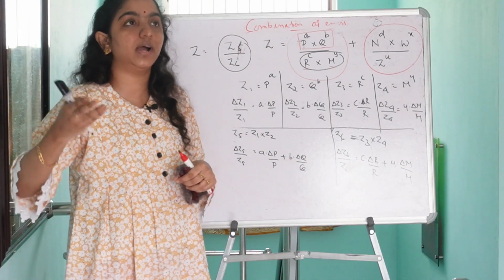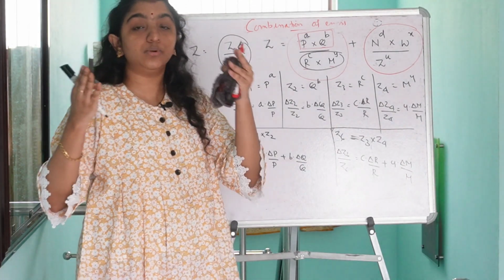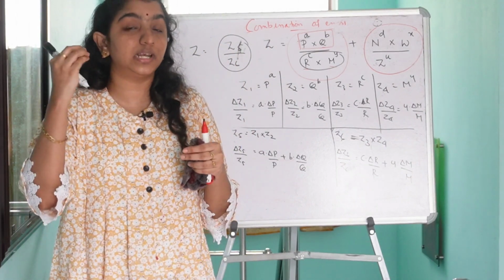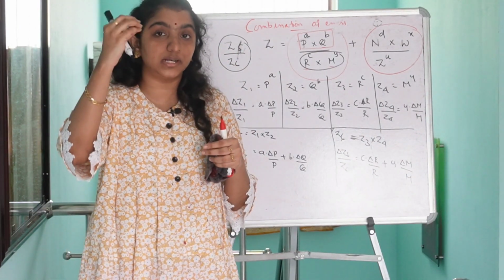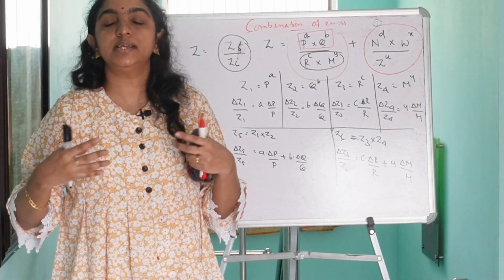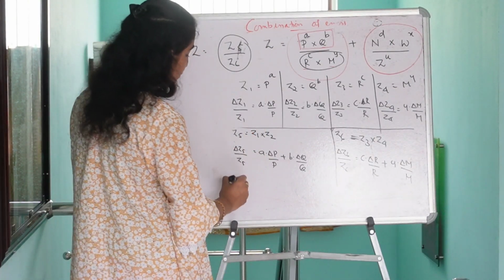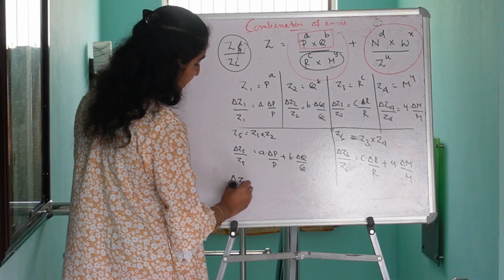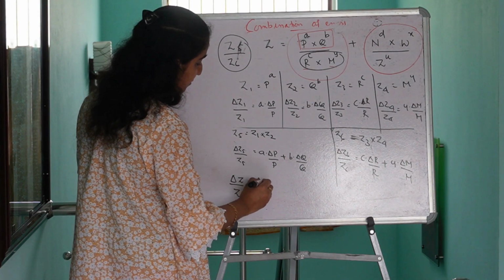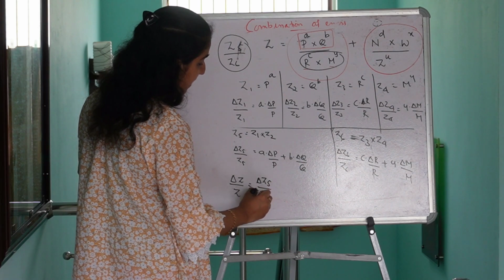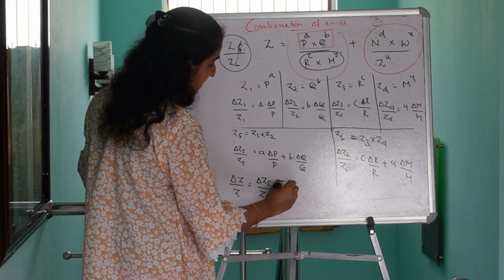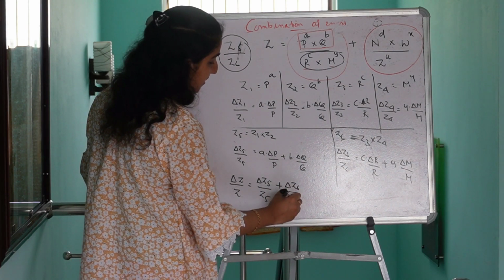So when we are dividing two physical quantities, how does the error get combined? The maximum possible relative error in the resultant is equal to the sum of relative errors in individual measurements. So we can say del Z divided by Z is equal to del Z5 divided by Z5 plus del Z6 divided by Z6.